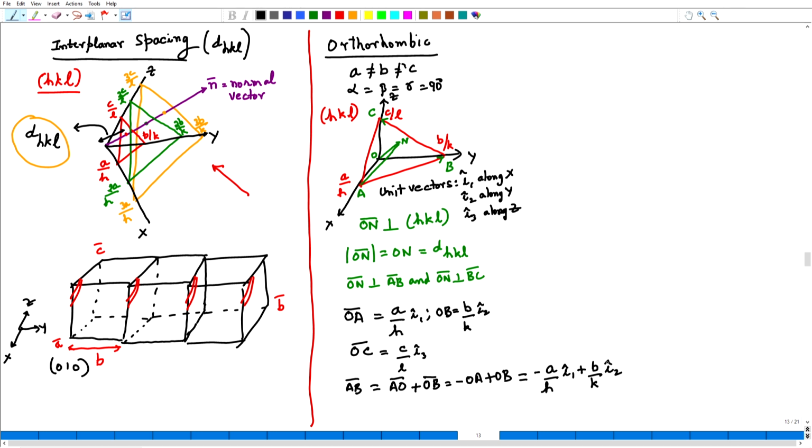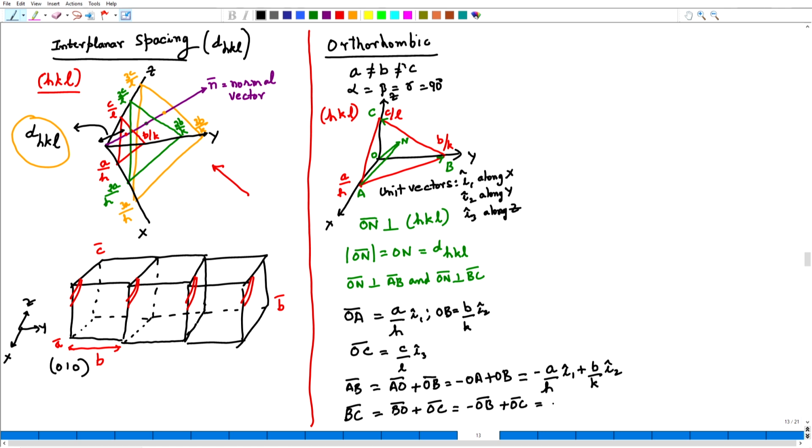Similarly, if I take the vector BC, what is the vector BC? This is the sum of the vectors BO plus OC. They take me from B to C, which would be, as before, minus OB plus OC, and I know what is OB.